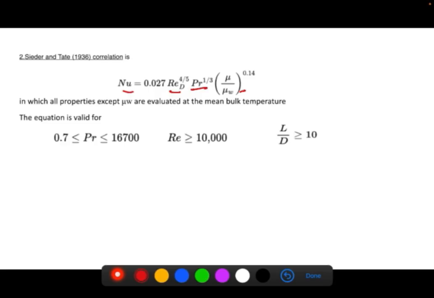Similarly, this equation has some restrictions: Prandtl number should be between 0.7 to 16,700, Reynolds number should be greater than or equal to 10,000, and L by D ratio should be greater than or equal to 10.